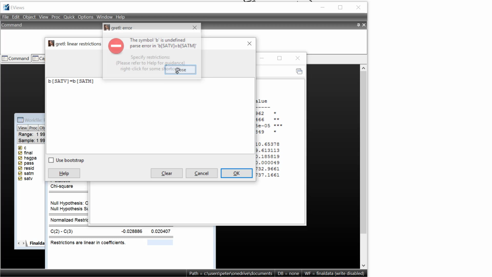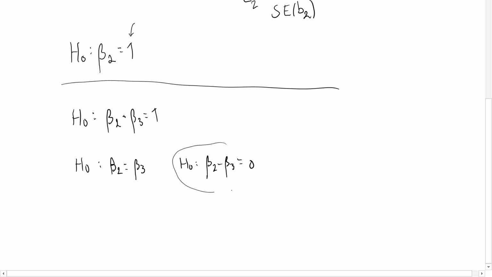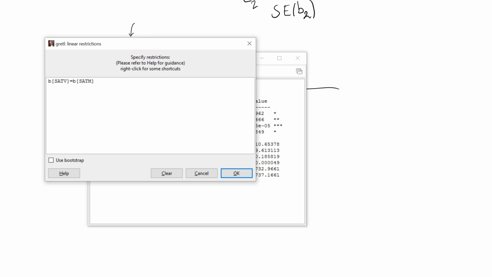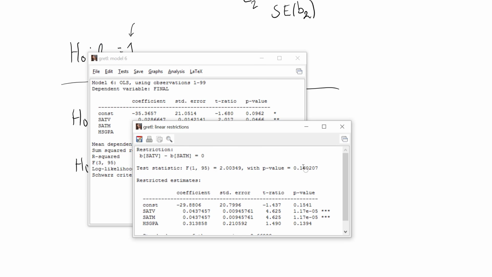Gretl doesn't like this formulation with an equal sign and the parameters on both sides. It basically wants the hypothesis formulated in this way. So if we reformulate it as this equal to 0, it should work better. Then we get a p-value of 0.16, which is exactly what we got in EViews as well.